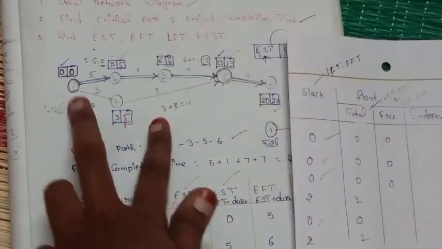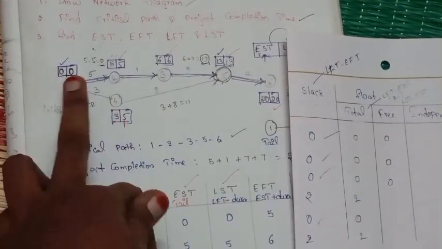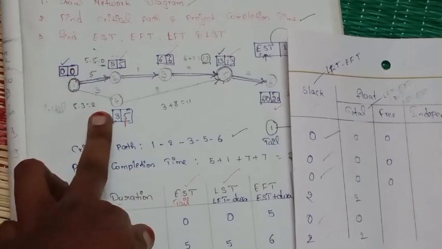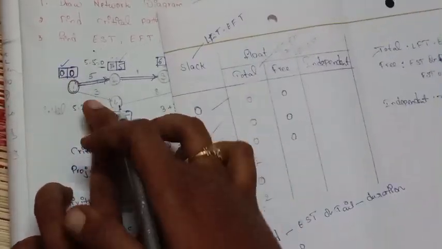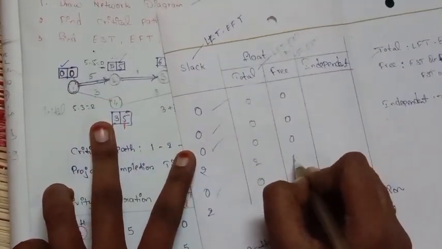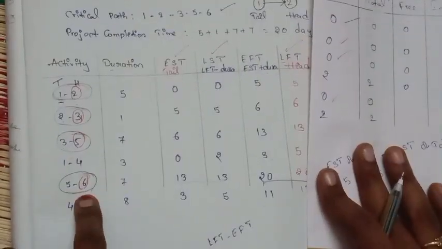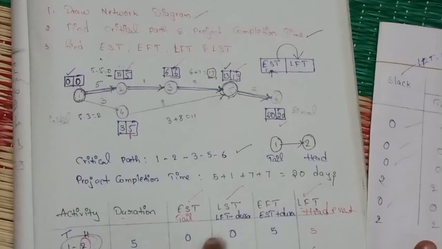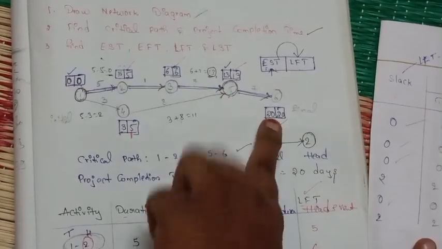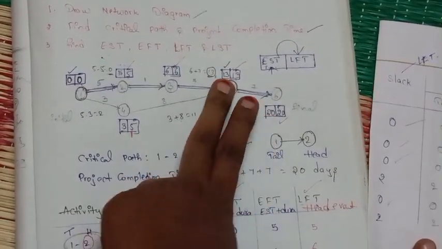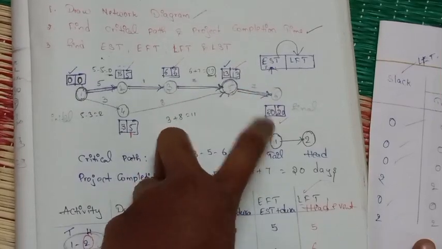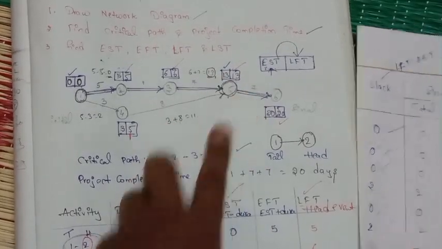Then for 1 to 4, 3 minus 0, minus 3, it is also 0. Now for 5 to 6. It is 20 minus 13 minus 7. 20 minus 13, 7. 7 minus 7, 0.